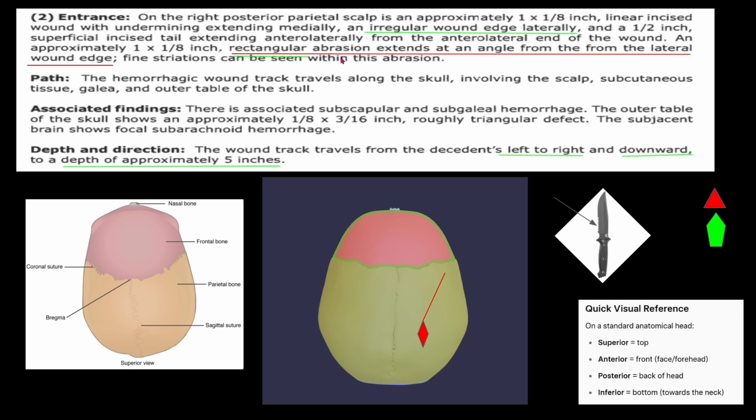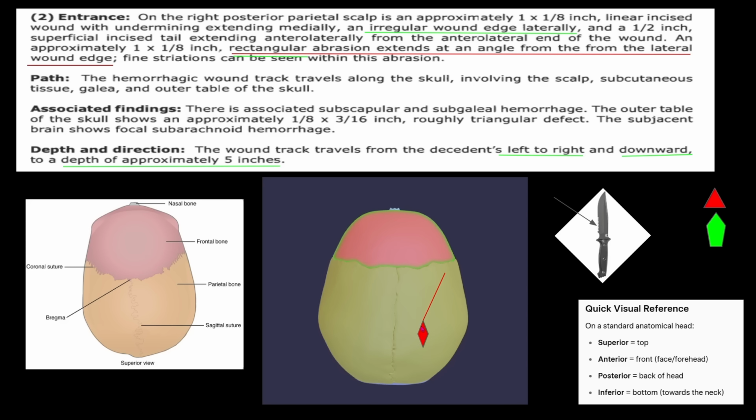It has a rectangular abrasion extending at an angle from the lateral wound edge. So it does have some type of rectangular abrasion, which could be consistent with the guard of a knife. And fine striations can be seen within the abrasion. So fine striations is another way to indicate serrations on the blade.